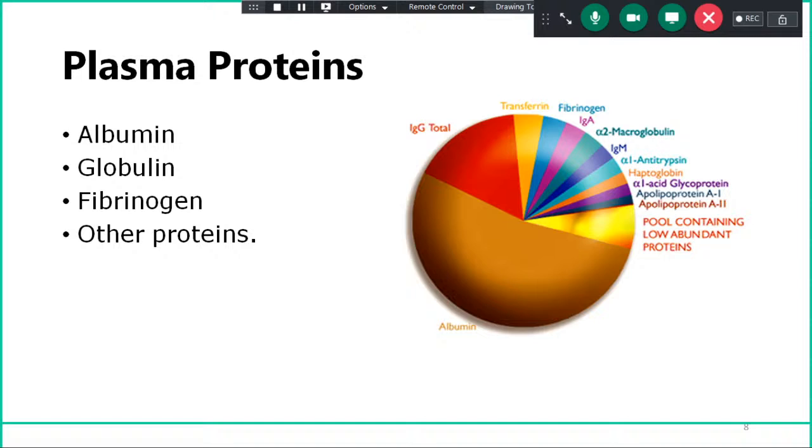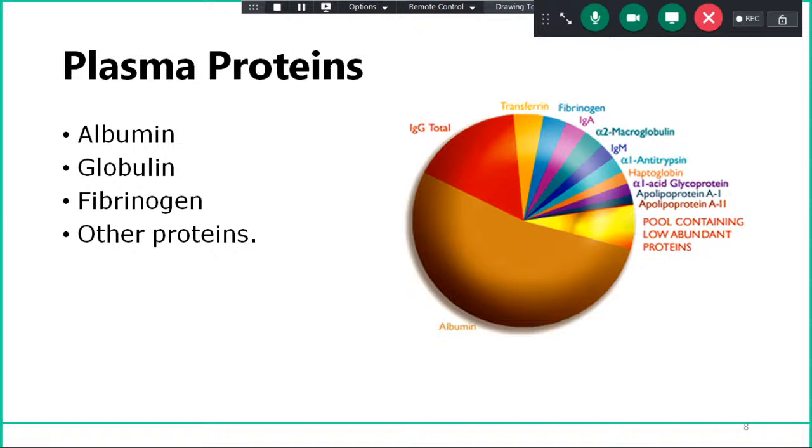For example, salting in and salting out, that has already been told to you, by using sodium salts and ammonium sulfate salts. Then the most commonly used technique other than this is serum protein electrophoresis, which I will discuss in later slides. And some other techniques are ultracentrifugation, affinity chromatography, immunoprecipitation. These are other techniques for separating different fractions of the plasma protein.